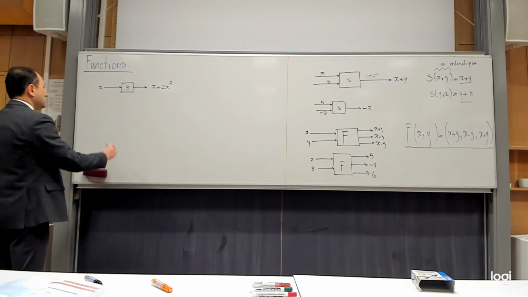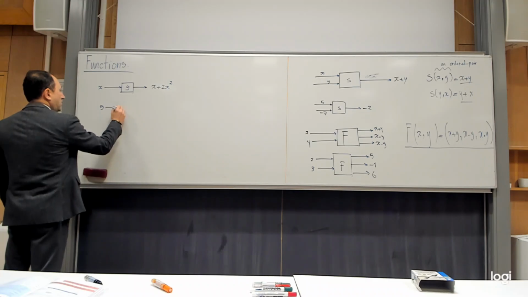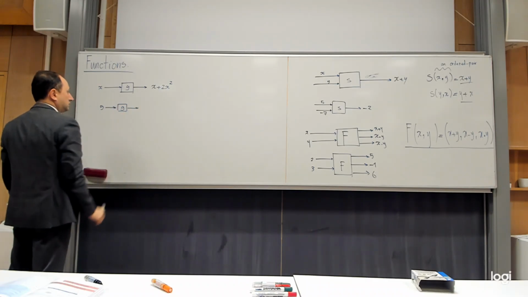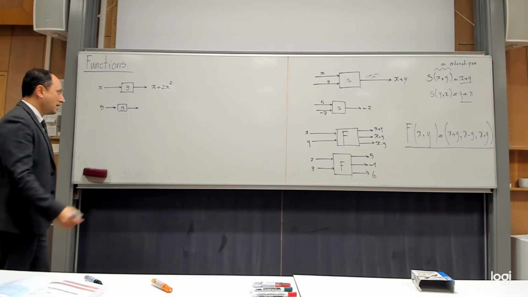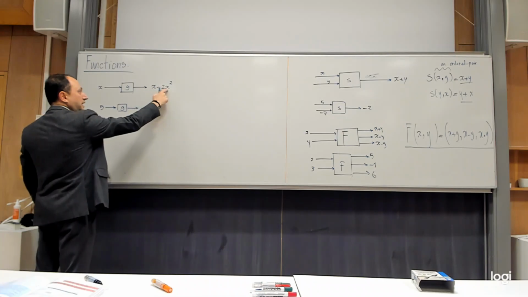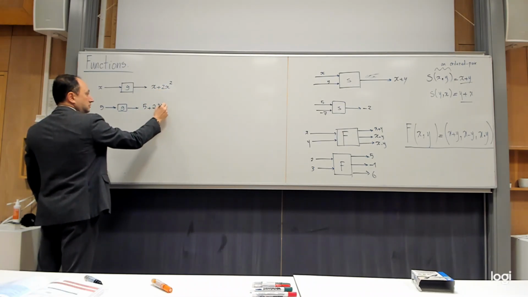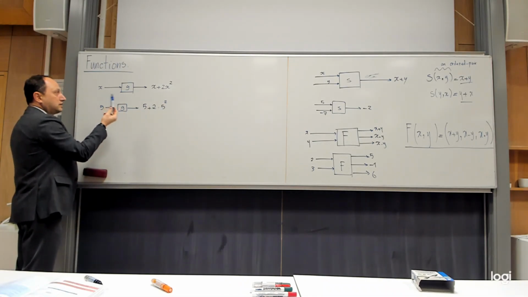If I ask you, what is the answer when I feed 5 to G? What's the answer? 51. So how did you get that? You replace x with 5, because you need to understand this function in this way.